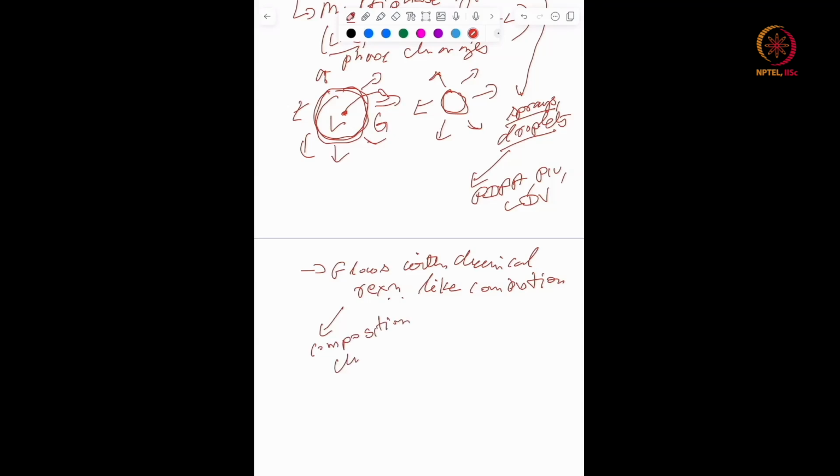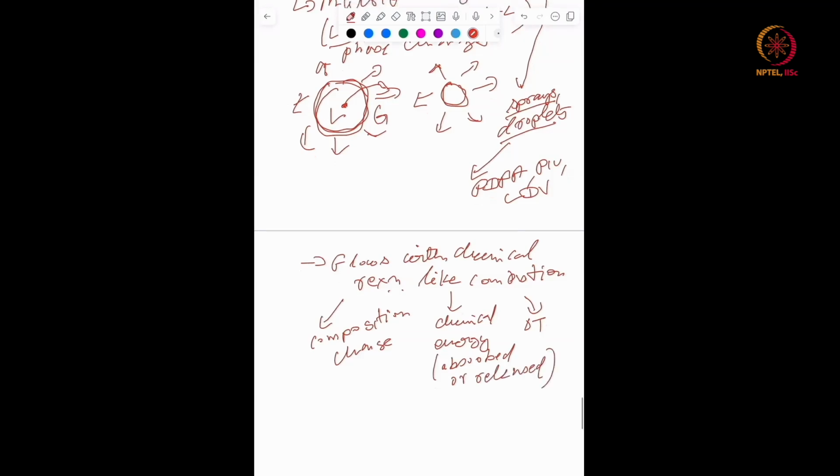And then, of course, you have chemical energy coming from the bonds. And then you also have changes in delta T, which is the temperature, because things will get hot. And chemical energy can be either absorbed or released. So these are flows with that.